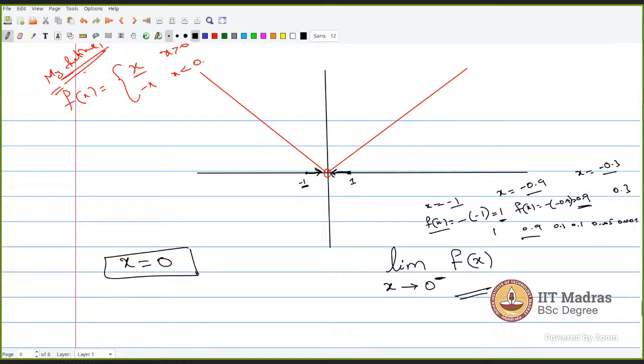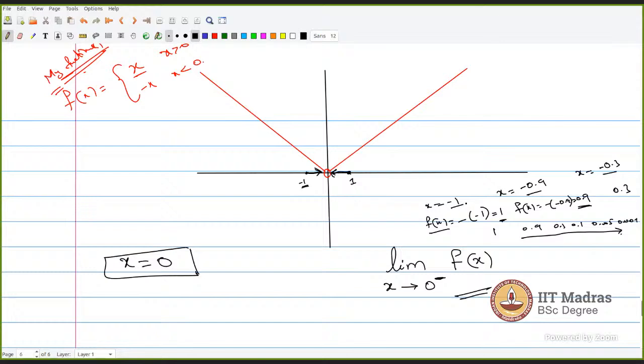So I can see that my f of x function will come closer and closer to 0 when my x is coming closer and closer to 0 from the left hand side. So I can conclude that this particular sequence, the sequence f of x, is converging to the value 0.